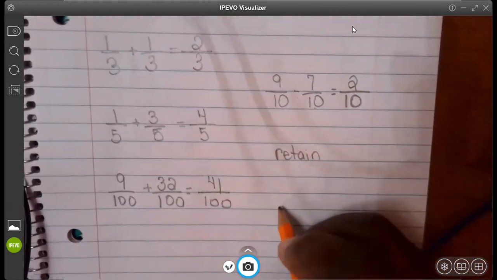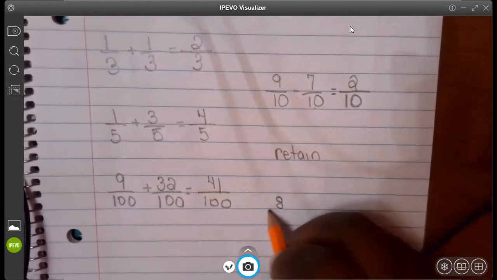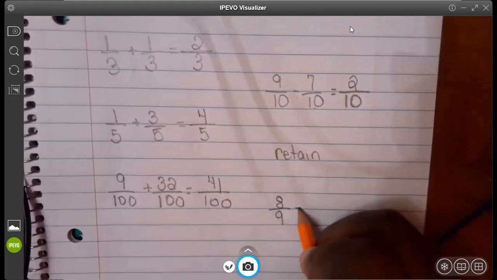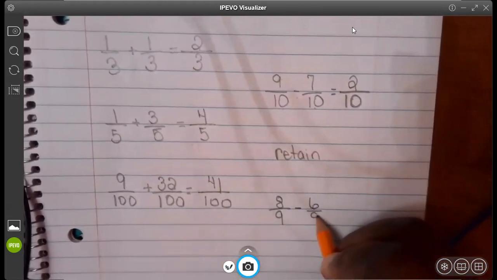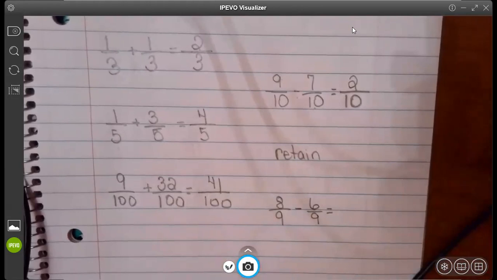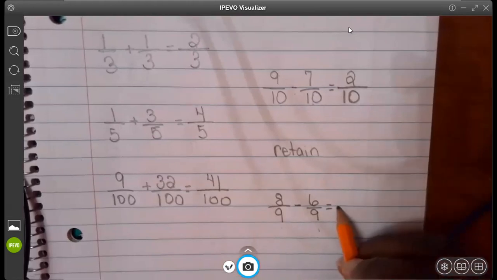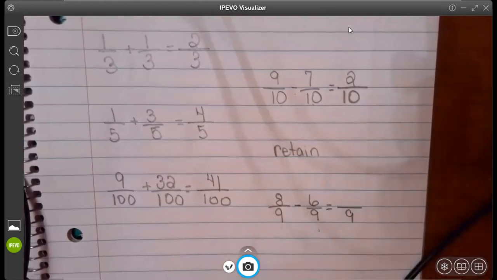So let's try another. We're going to do 8/9 minus 6/9. So our first step is to make sure that our denominator is the same. 9, 9. That means in my answer, my denominator will stay 9. I'm going to retain or keep my denominator. And then I'm going to subtract my numerator.